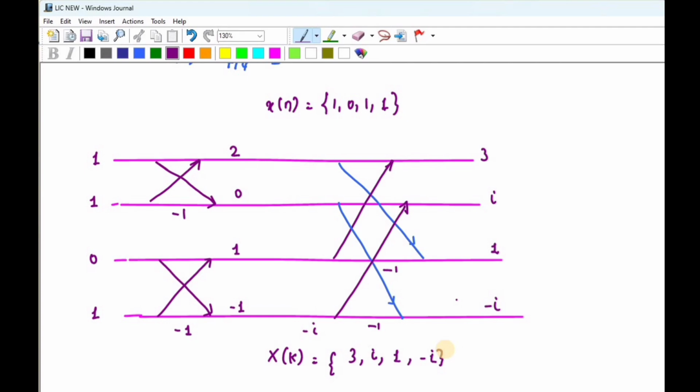Suppose I am giving this value here in order to perform the IDFT. This is 3, 1, minus i and i. So if I solve, this is 4, this is 2. Here, if I solve, I'll get 0 and this is minus 2i.